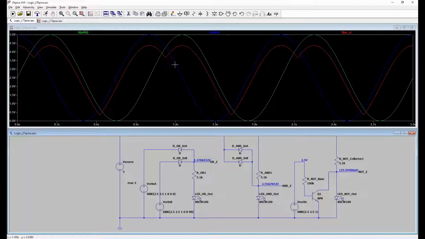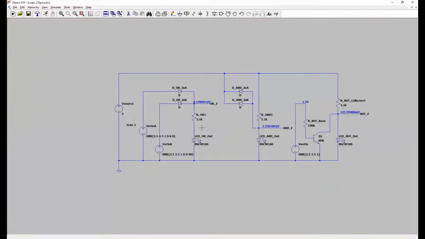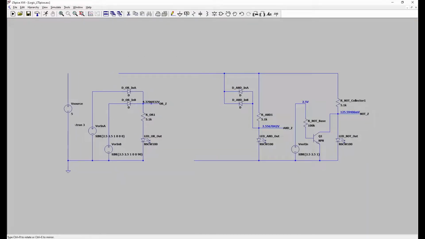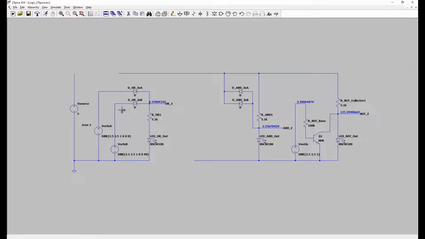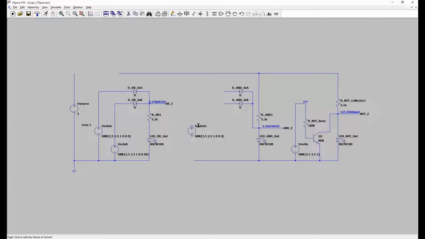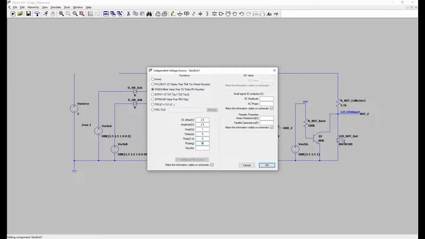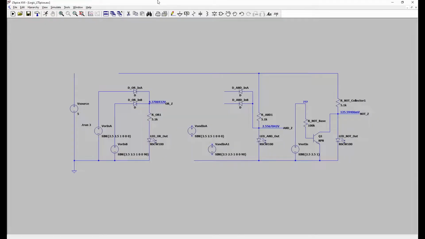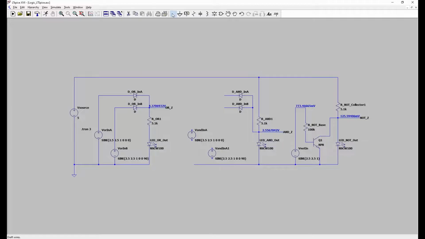And let's try this with the AND gate. And simulate.